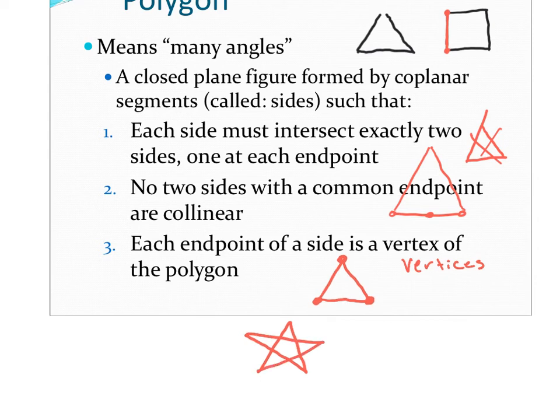Whenever we see lines that cross over each other, we can expect that it's not a polygon because every endpoint should only connect to two other sides, but sometimes they connect to more if we have those weird shapes. So anytime you see lines crossing over other lines, it's a good sign that that is not a polygon. We're going to look at some examples here in just a second.